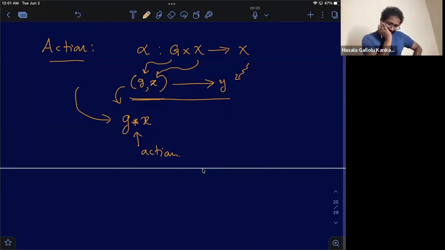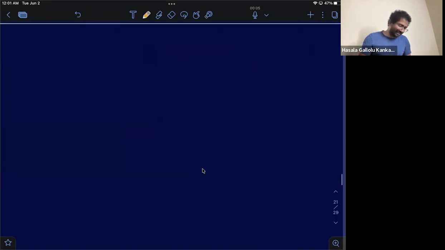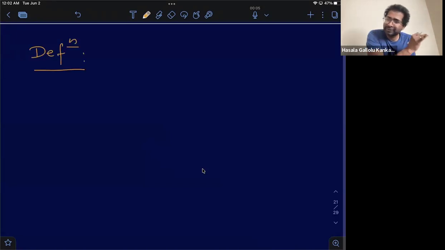Now I'm just using this simple notation to define a couple of things. Let's define something that is very much living in the domain of dynamics.